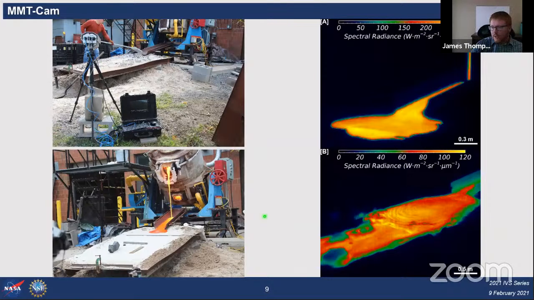And I saw a good match between the two data sets that I used, and I observed various changes as the flow propagated and cooled and formed this glassy crust.